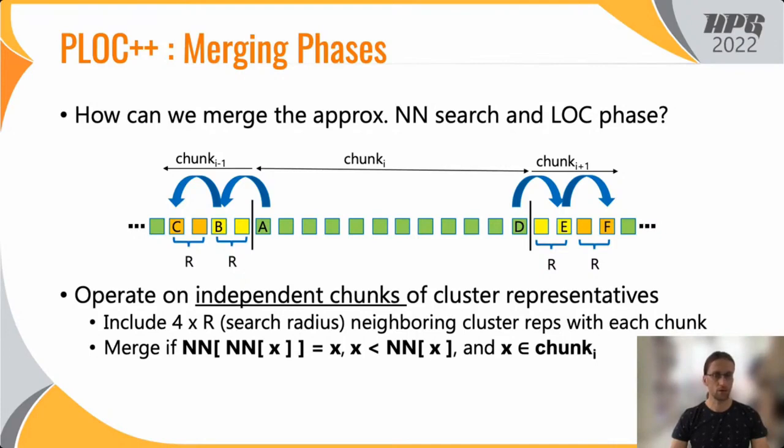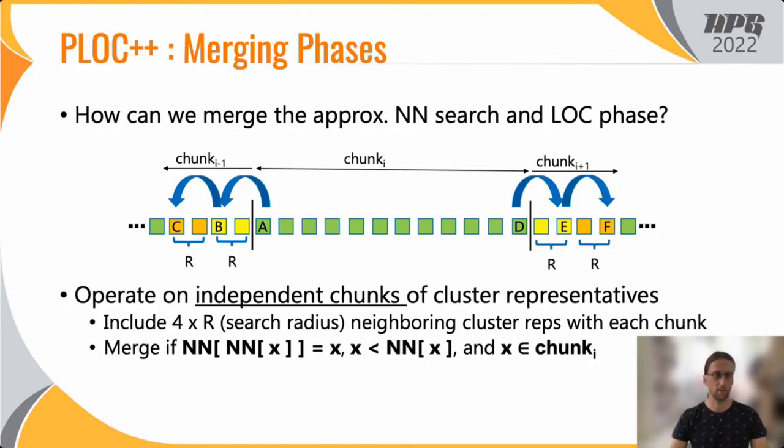In order to ensure that D is also the nearest neighbor of E, we need to scan R elements to the left and right of E. So this means in total we need to scan 4 times R additional elements in addition to the cluster reps in chunk I. To ensure merging consistency when processing the chunks fully in parallel, we extend the previous merging criteria to only merge 2 elements if the smaller index is included in the current chunk.